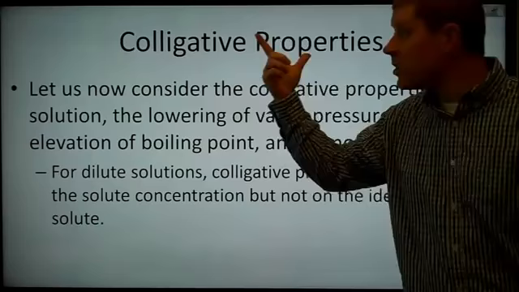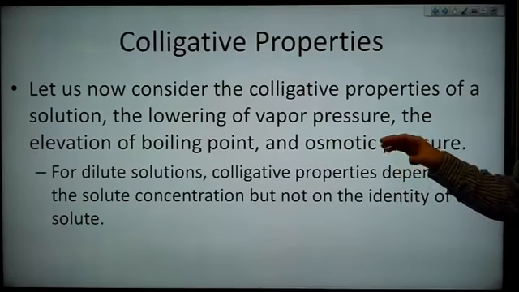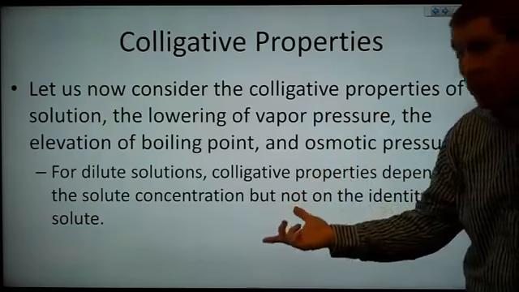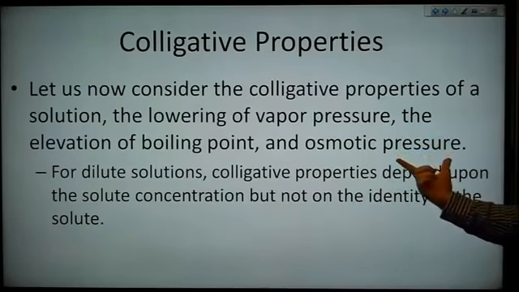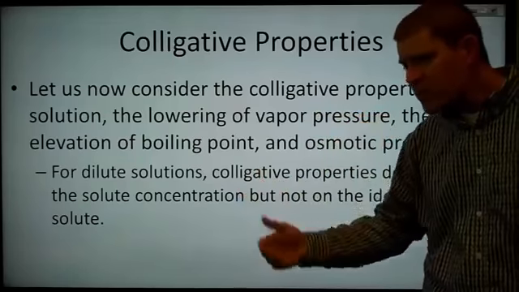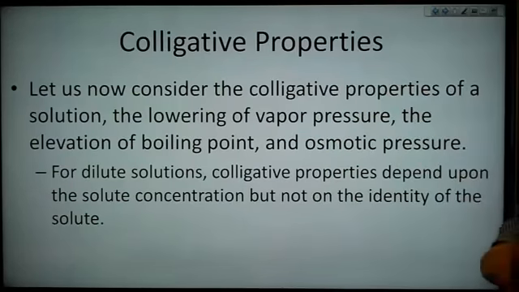So now let's look at colligative properties. Let's look at the colligative properties of a solution, which are the lowering of vapor pressure, the elevation of our boiling point, and osmotic pressure. Note that there are some other colligative properties like the depression of freezing point, but we're not going to talk about that here.